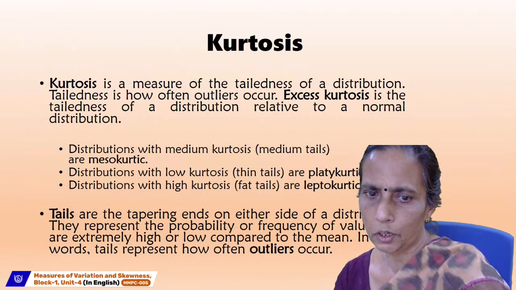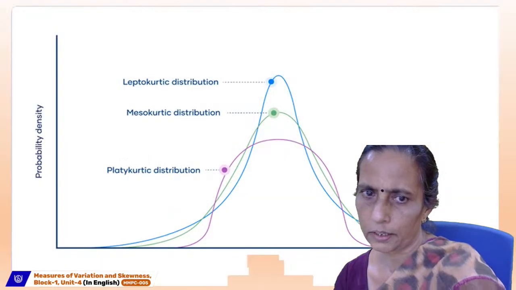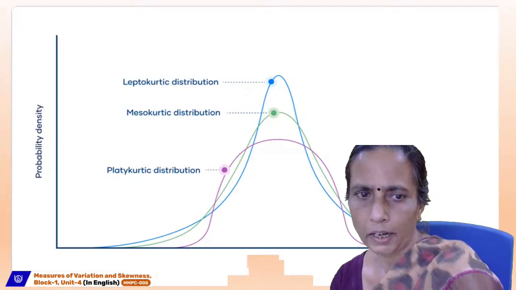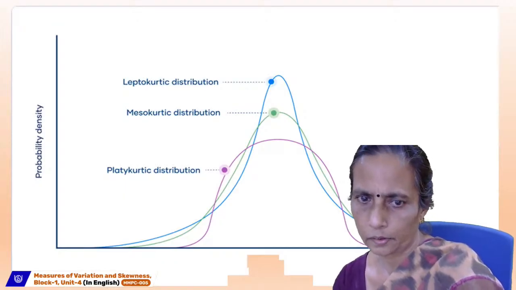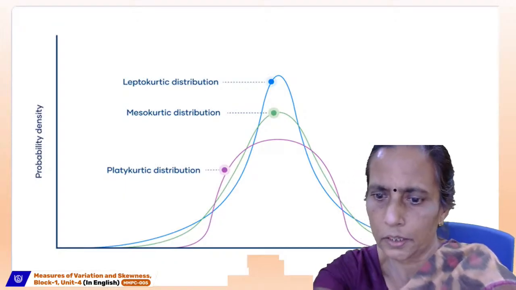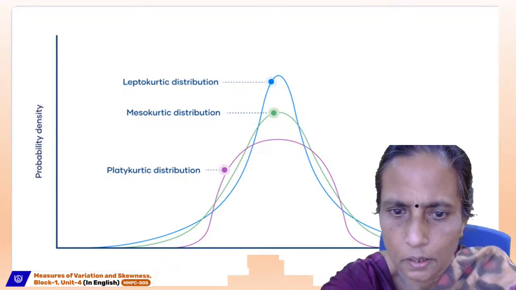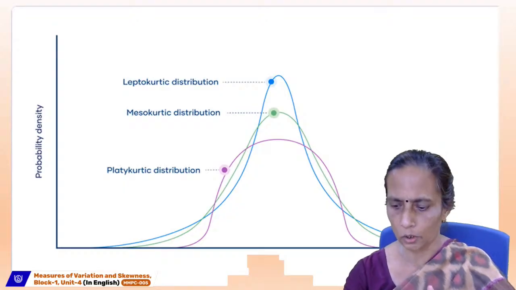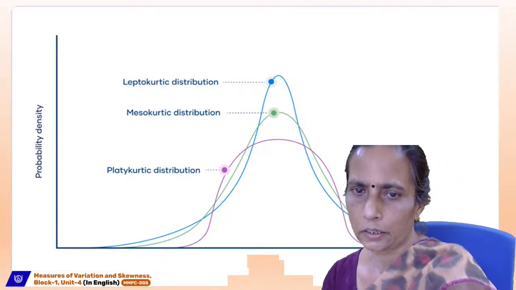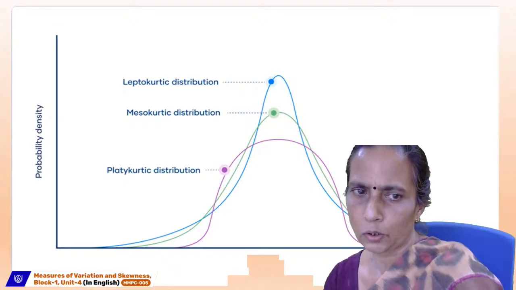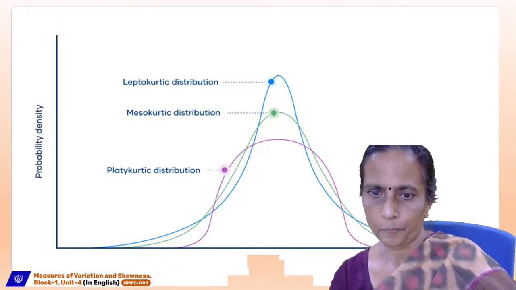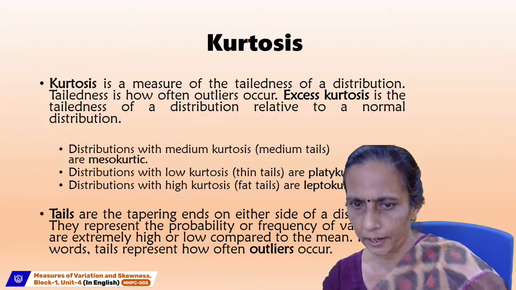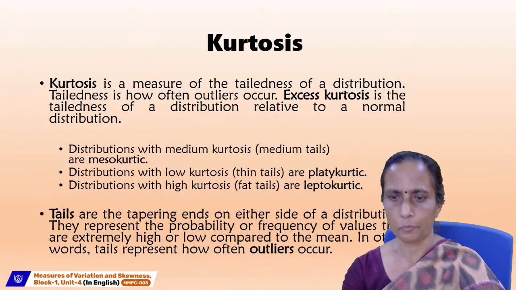Then distributions with low kurtosis, that is thin tails, are platykurtic. That is, tails are less and it is very bulky towards the middle. That is platykurtic. This is medium, so mesokurtic, and high kurtosis means fat tails are more, so leptokurtic.